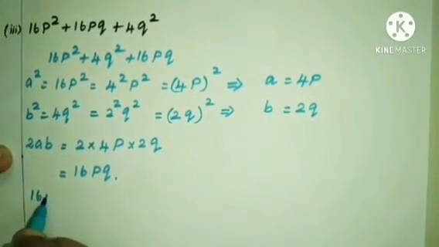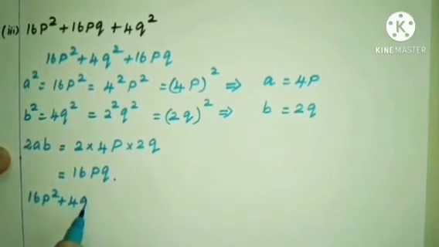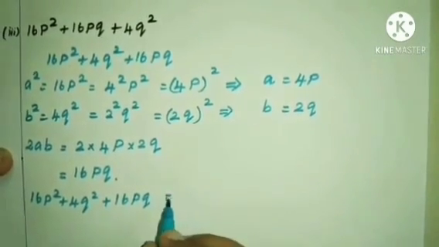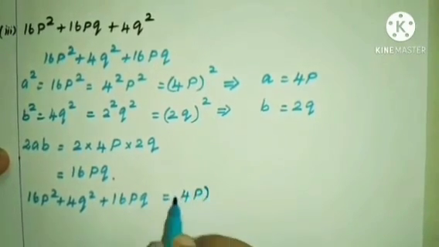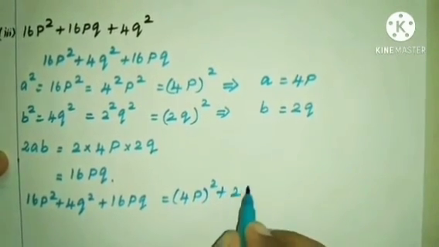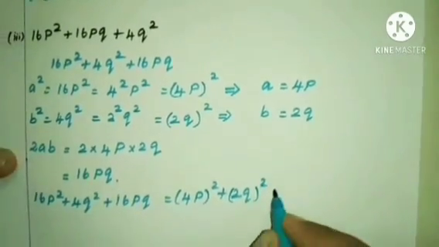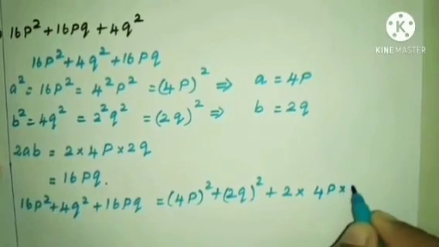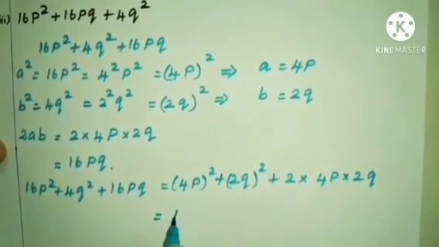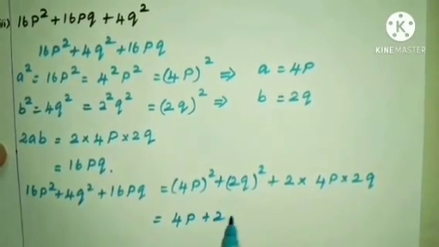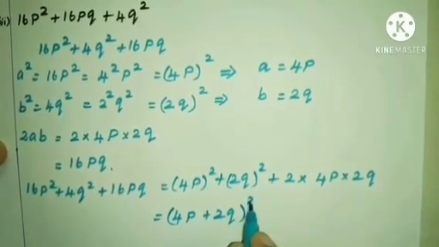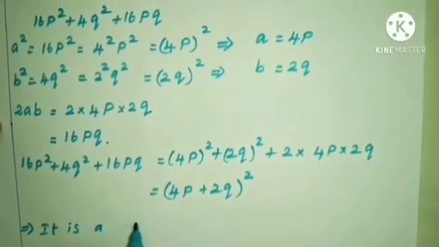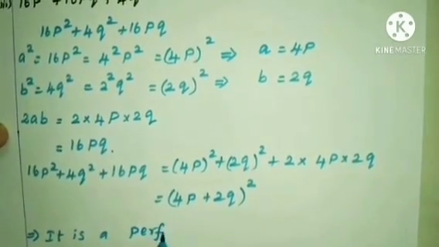So 16p² + 4q² + 16pq = (4p)² + (2q)² + 2 × 4p × 2q. That is (4p + 2q)², which implies it is a perfect square trinomial.